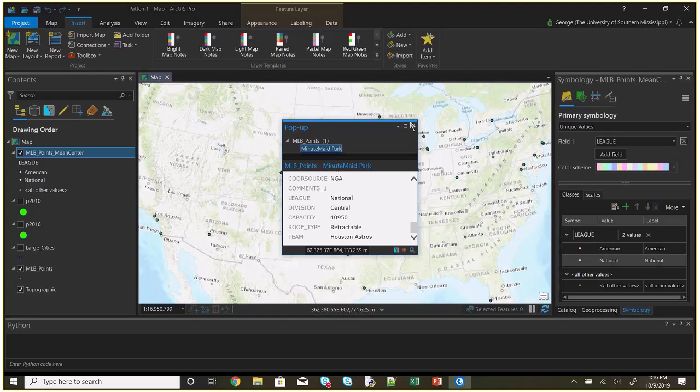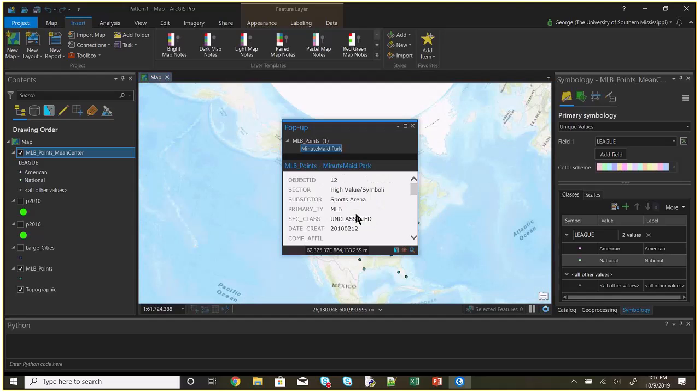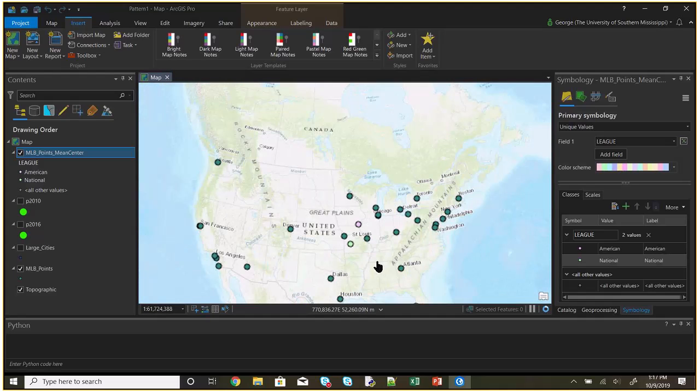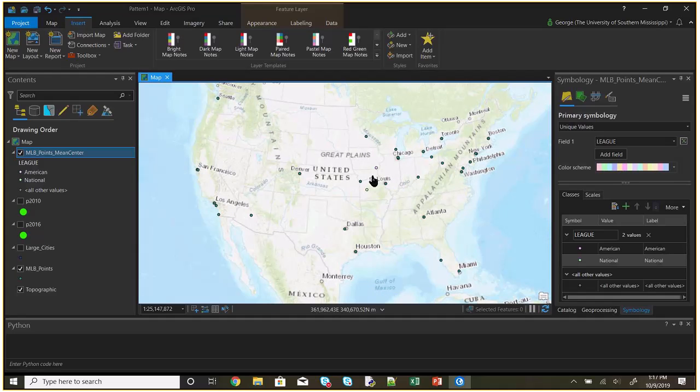Houston's now in the American League, so that one got counted wrong. But before a few years ago, this would represent that on average, the American League teams tend to be more clustered in the Northeast than the National League teams, which tend to be more dispersed throughout the United States. That is the way you could say that.